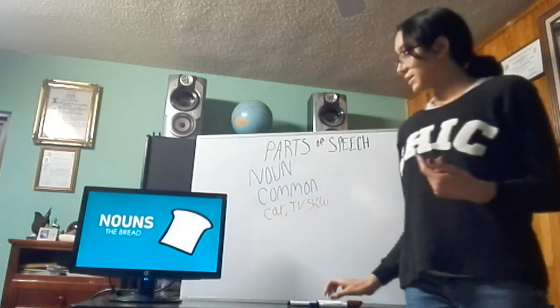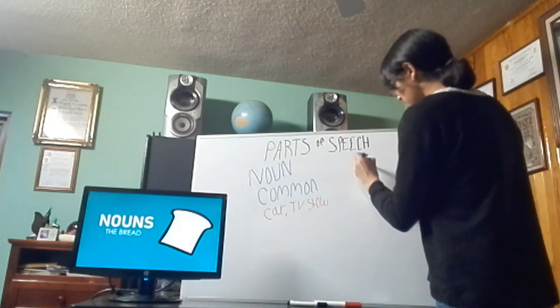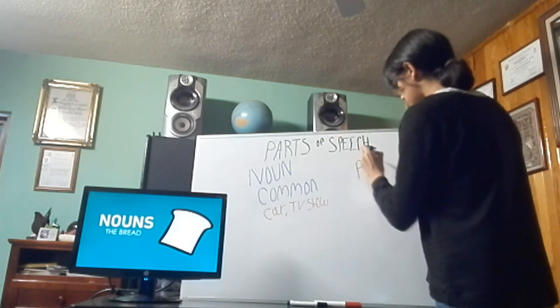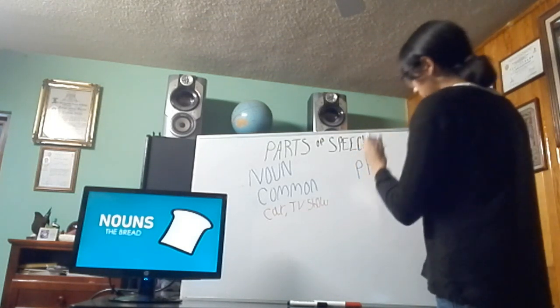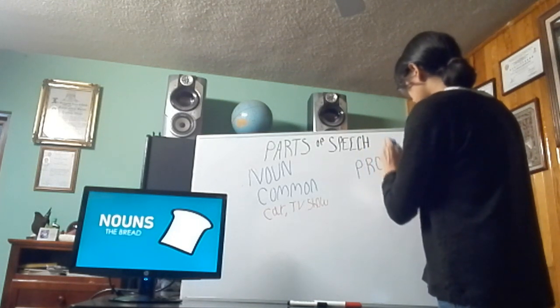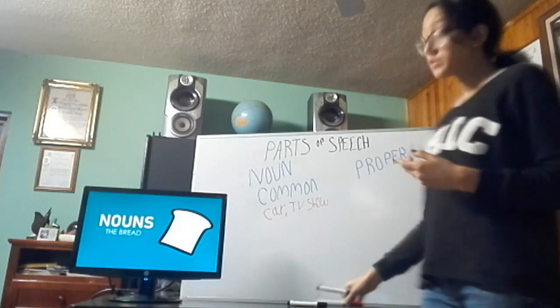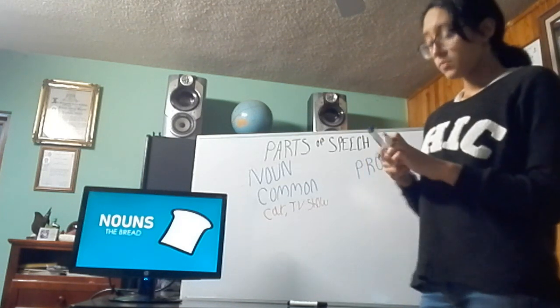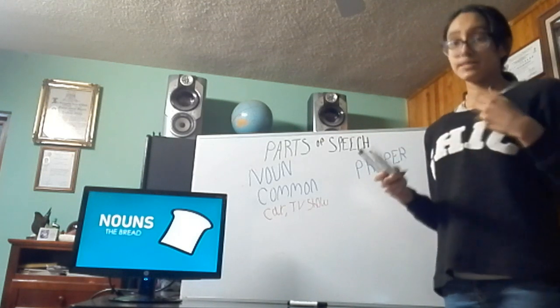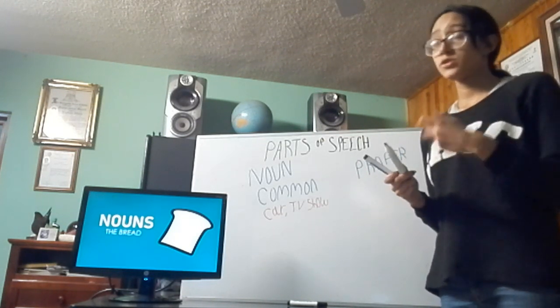The other part is the proper nouns. The proper nouns are the ones that do specify the name of what it's talking about. For example, some proper nouns are your given name. When you use the name of a person, we have to use a specific proper noun so that we can identify them as such.